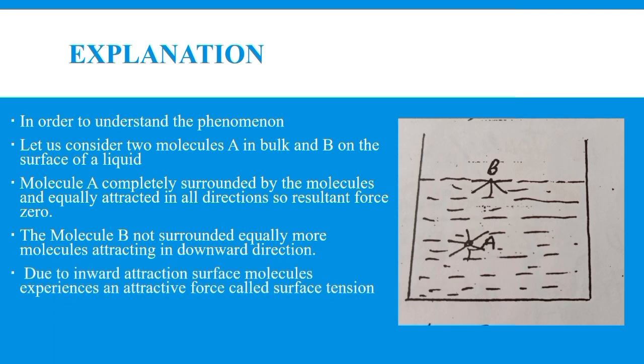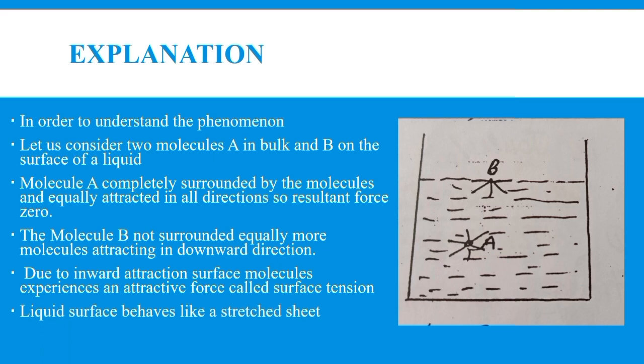As a result, molecule B feels an attraction force downward from the molecules present internally, but there is no force acting upwards, so it feels a stretch. Molecules are attracted downward, and due to this inward attraction, surface molecules experience a tension that is called surface tension.